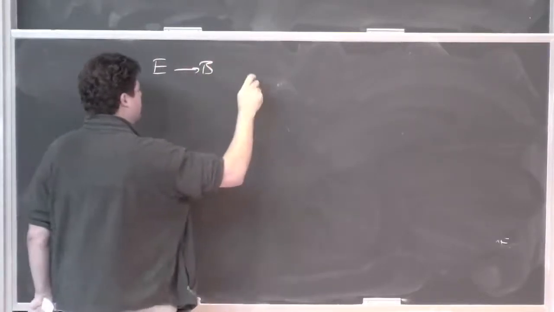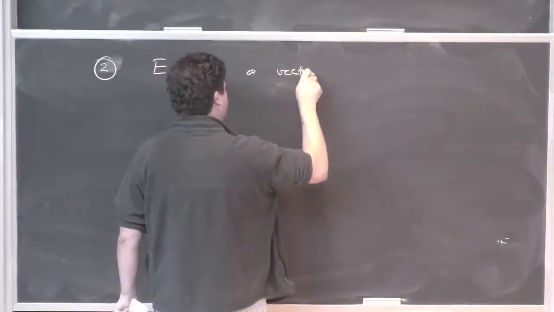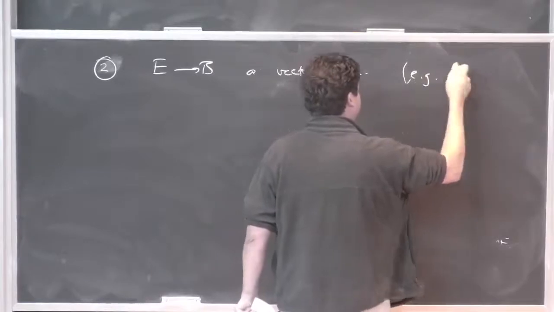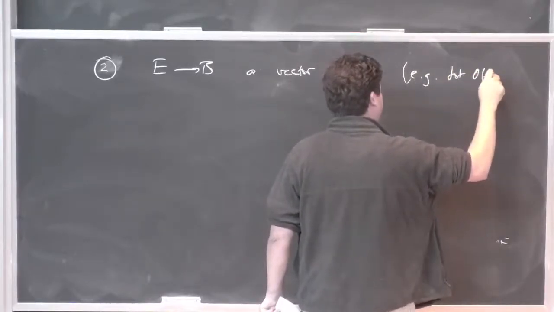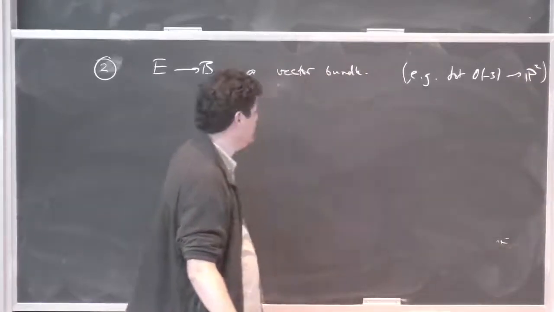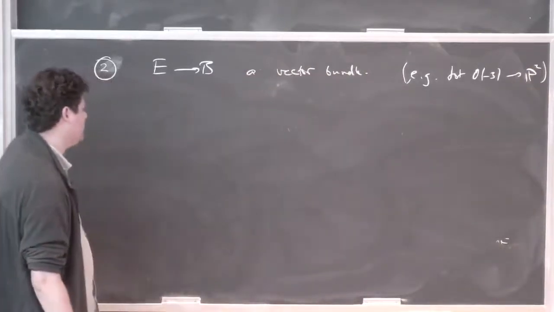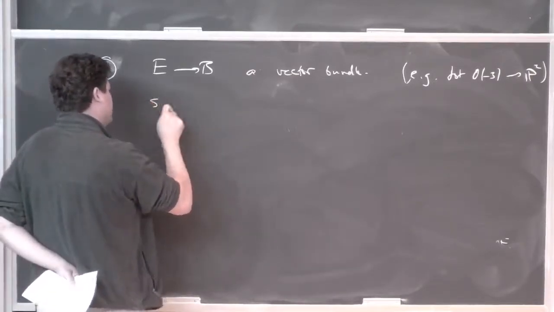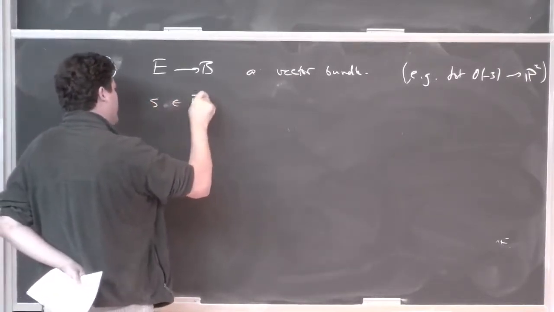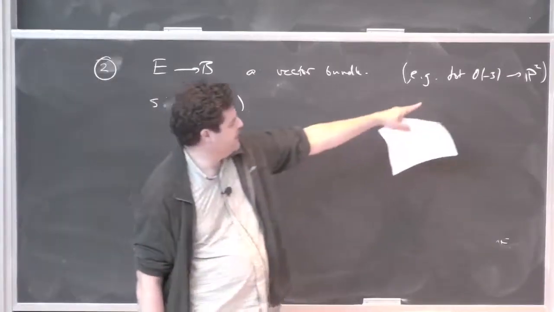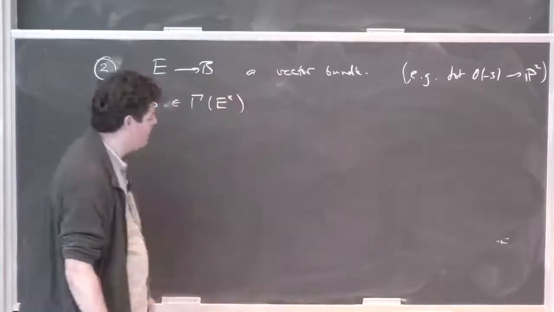If I have some vector bundle E, and you could think, for example, the total space of O(-3) over P^2 will be one of our favorite ones. And S is a section of the dual vector bundle, so in that example, it's a cubic polynomial.